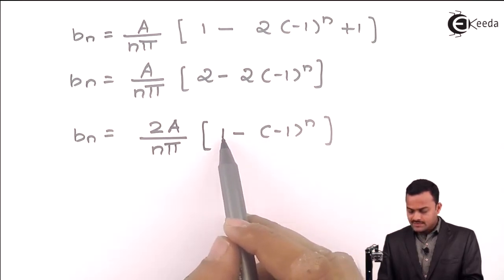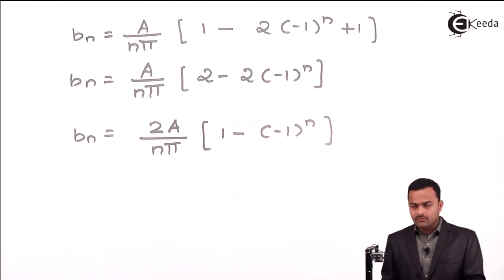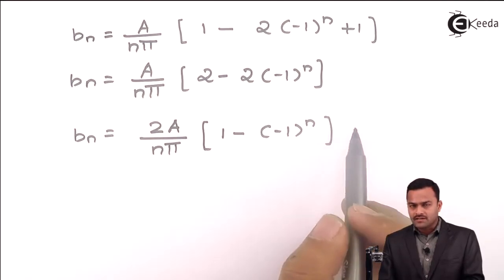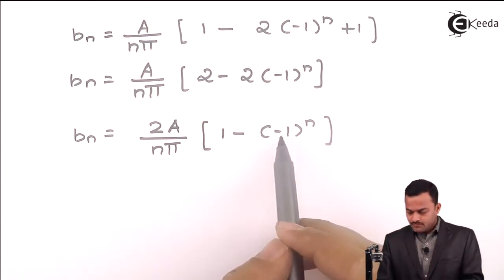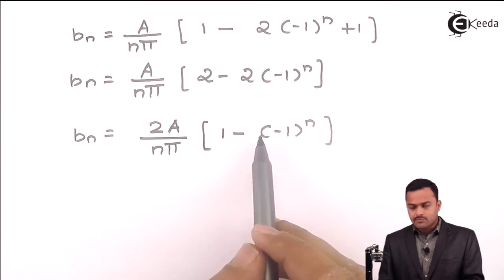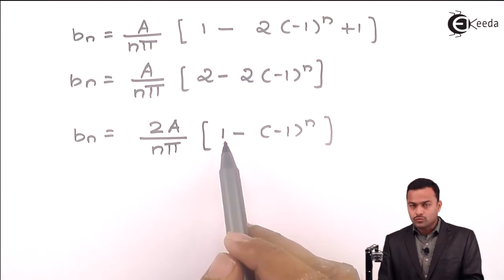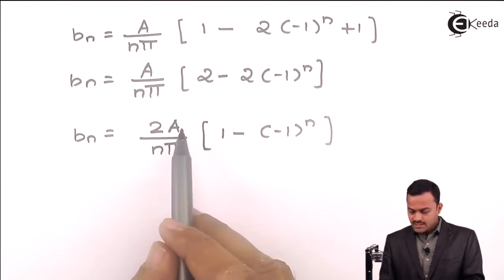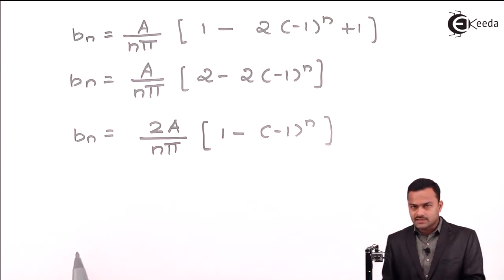This 1 will get cancelled with this 1, so in the end we will get answer 0. But if I put n as an odd number, 1, 3, 5, minus 1 raised to that odd number will give you a minus 1, and 1 minus minus 1 will give you 2 always. So this 2 is getting multiplied with this 2 and becomes the answer 4.